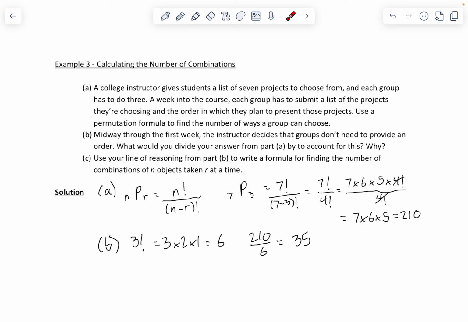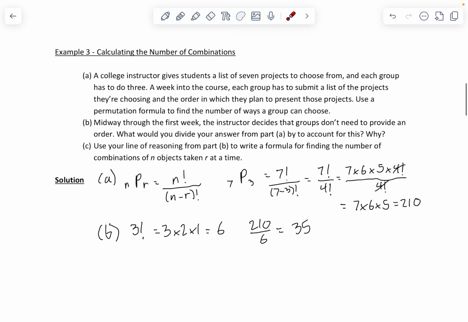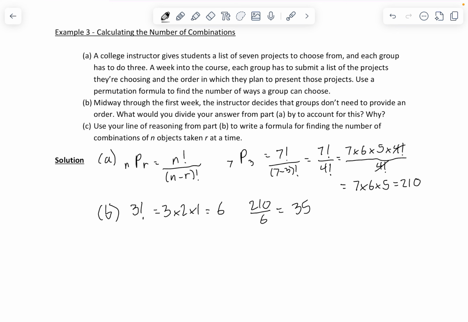For C, use your line of reasoning from part B to write a formula for finding the number of combinations of n objects taken R at a time. So we can generalize the result from part B. To calculate the number of combinations of n objects taken R at a time, what we did is we took the number of permutations and then we divide by the total number of ways of ordering R objects, which is just R factorial.